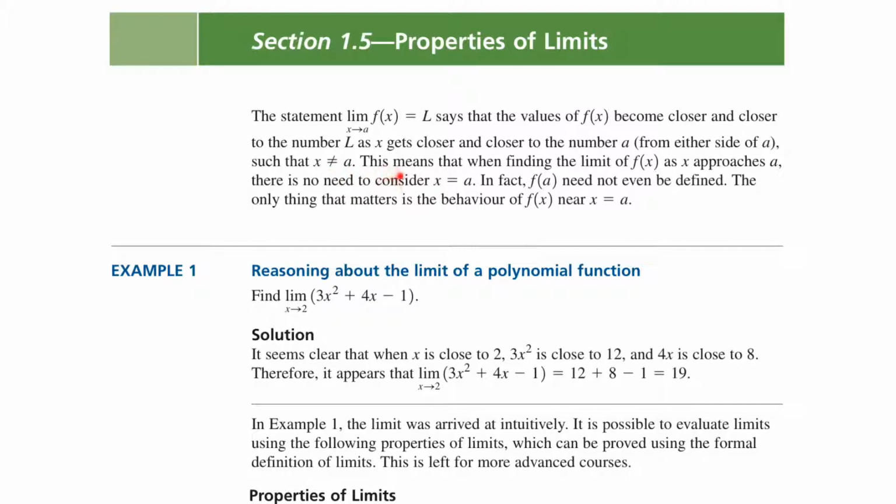This means when we are finding the limit of f of x as x approaches a, there is no need to consider x equals a. In fact, f of a need not even be defined. The only thing that matters is the behavior of the function near a.